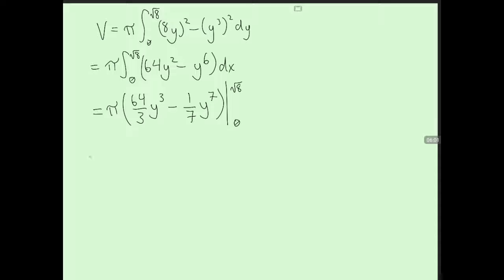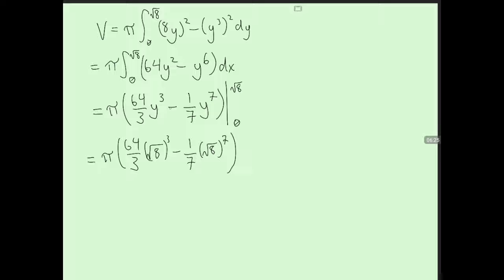If we keep on simplifying, we get pi times 64 over 3 times root 8 to the third, minus 1 over 7 root 8 to the seventh, and minus 0.